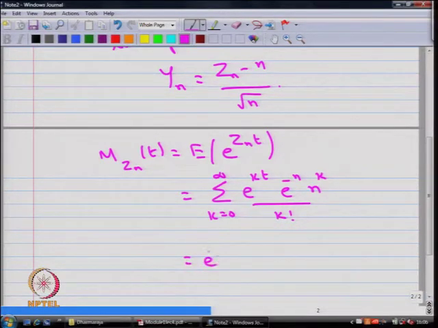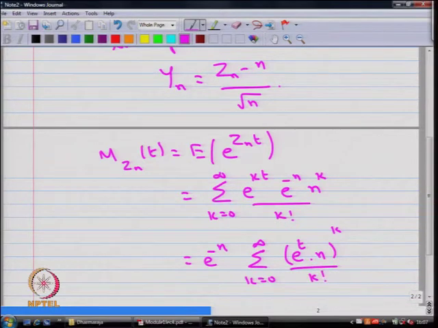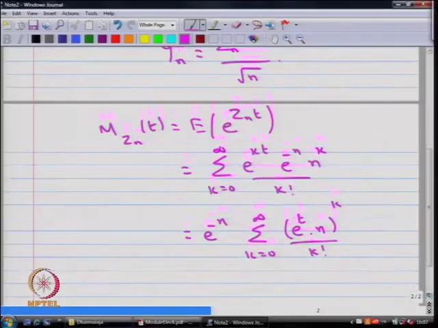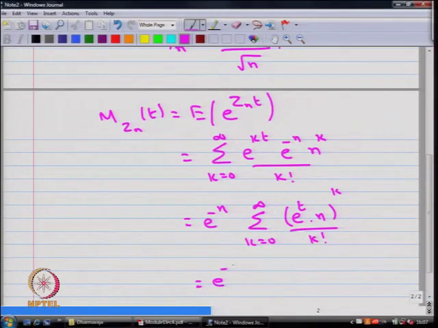So, you can take e power minus n outside. The remaining term becomes summation k equal to 0 to infinity, e power t multiplied by n, the whole thing power k by k factorial. That is same as e power minus n e power n e power t, which can be rewritten as e power n times (e power t minus 1).